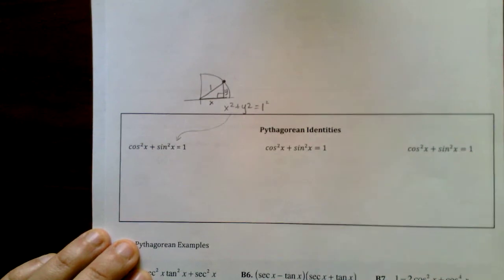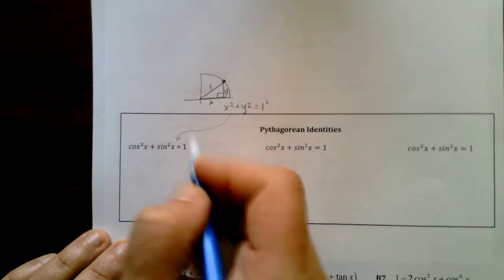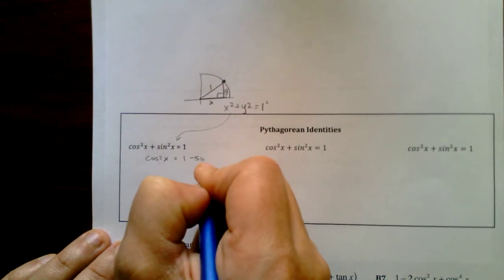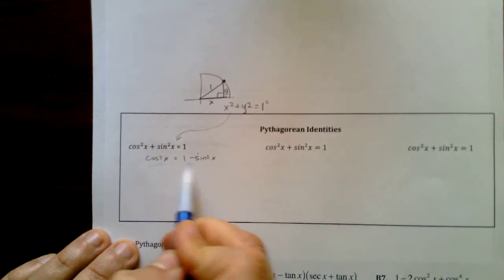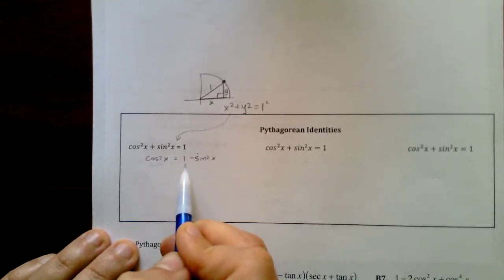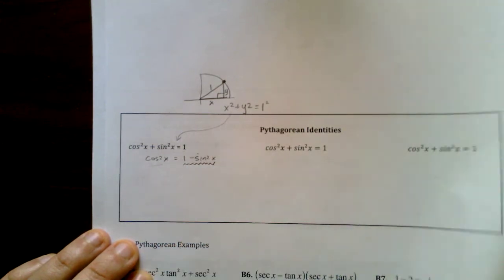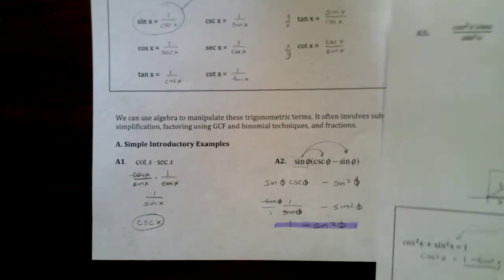Now, identities are true. What's on the left is equal to what's on the right. However, we can also move these around. So if I take cosine squared x and say 1 minus sine squared x, these two things are the same thing. Okay, take a look at this, 1 minus sine squared x. And then let's go back to the example I have here.